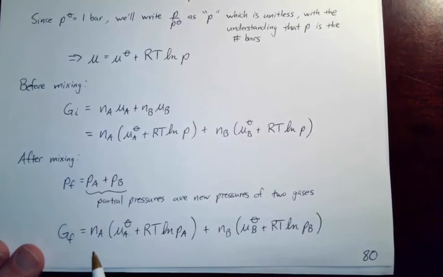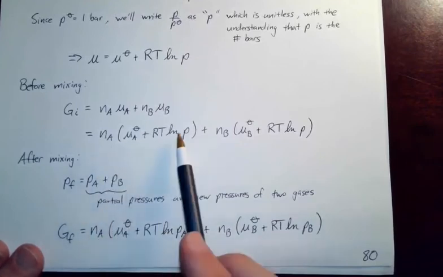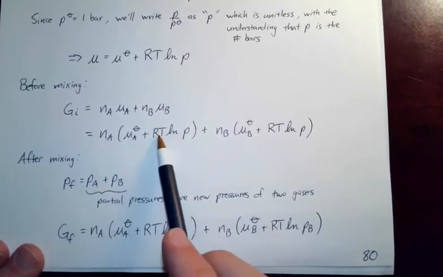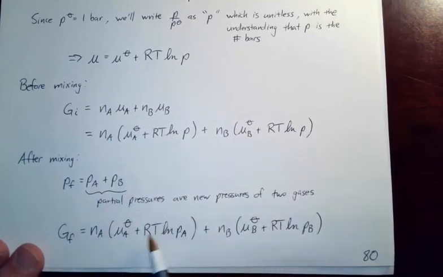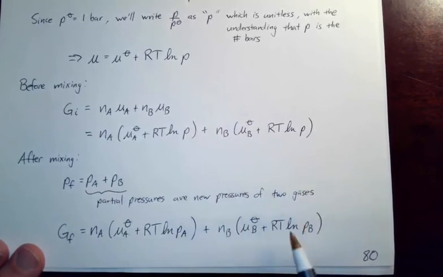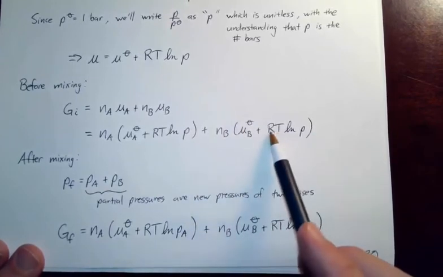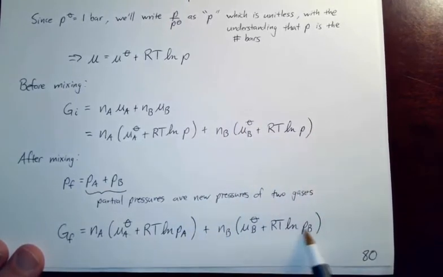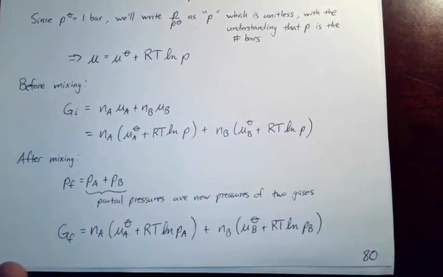Then I'll be left with these two terms that have NA RT ln in front of either a P or a PA, and then these two terms, NB RT ln and NB RT ln.